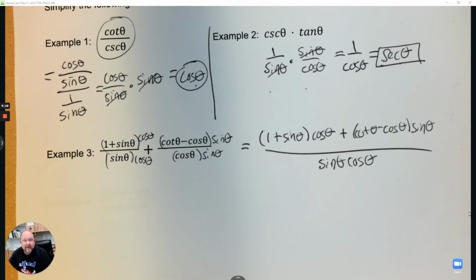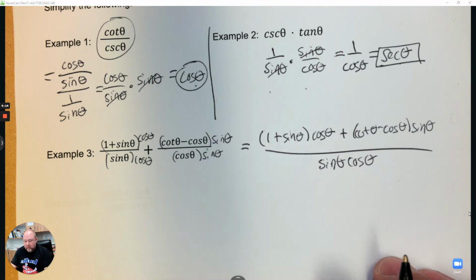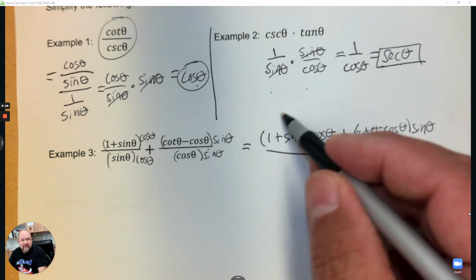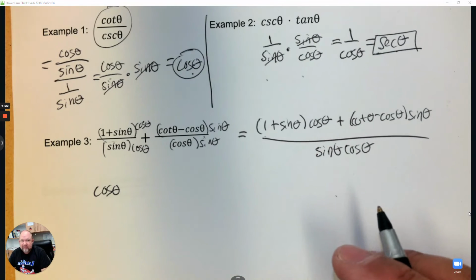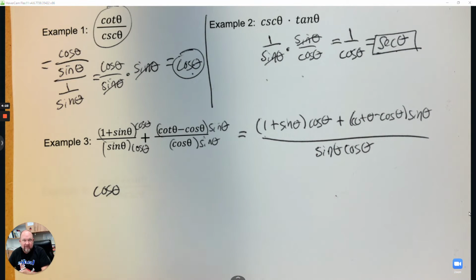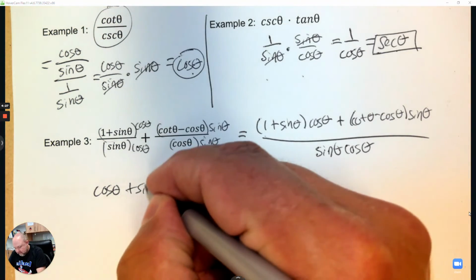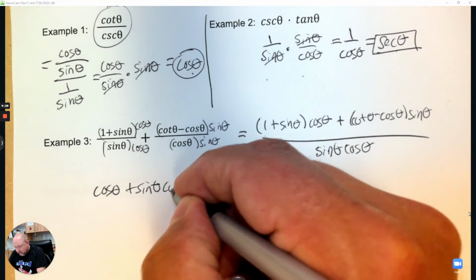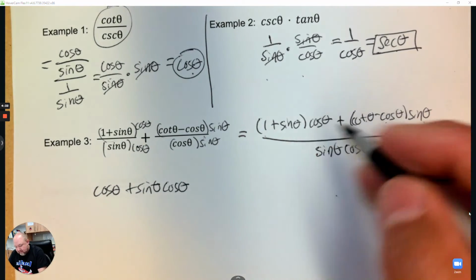So there's a good first step. Do you have the algebra ability to write it as one fraction? Now we're going to work here. We're going to distribute. So cosine times 1 is cosine. Sometimes it doesn't feel like it's getting simpler until we get near the end of the problem and see things that divide out. And then we have sine cosine. The order doesn't matter. It could be cosine sine. Over here, we have sine times cotangent.